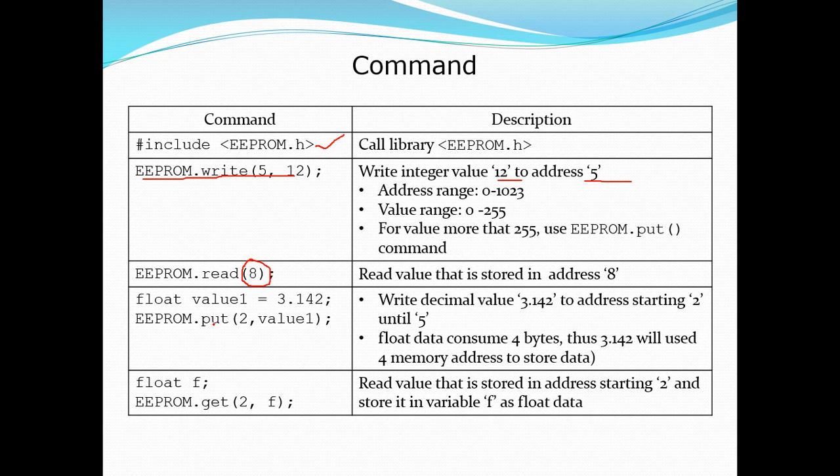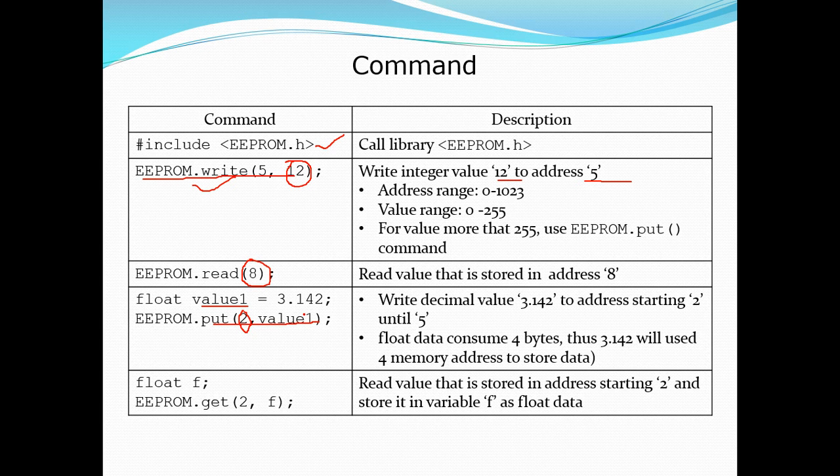This one puts data at address 2, the value 1 that you want to store at address number 2. This one is almost similar to write, but with write you have to have the exact value.